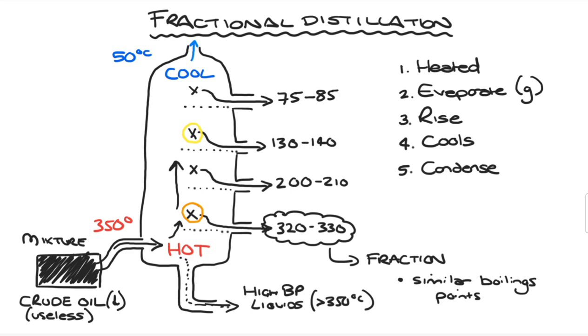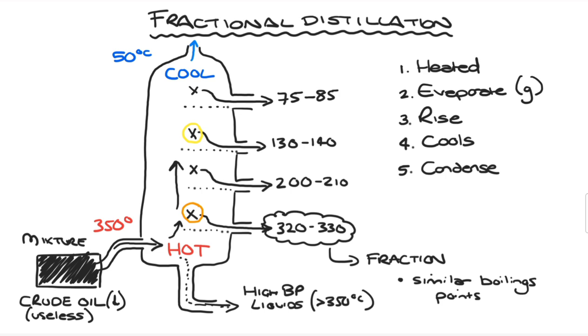But what we can do here is allow our mixture to enter the fractional distillation column. They get heated, they evaporate, they rise, and as they rise they will cool, allowing them to condense. As they condense into liquid, they will be separated into fractions with similar boiling points.